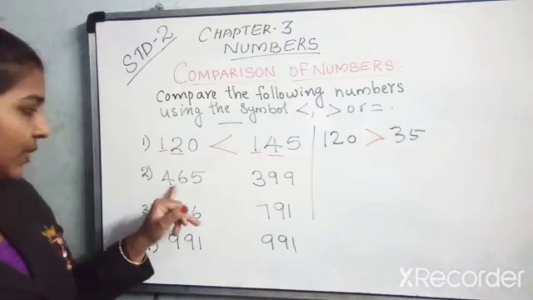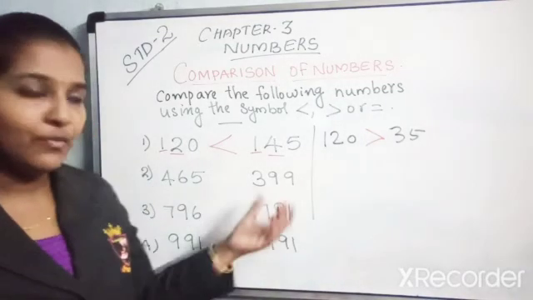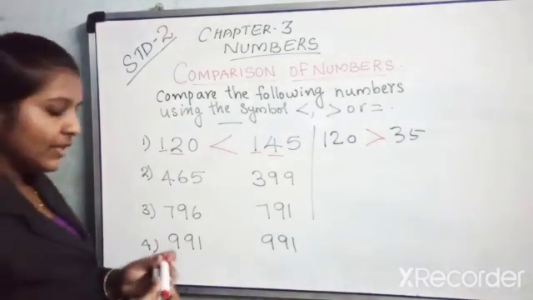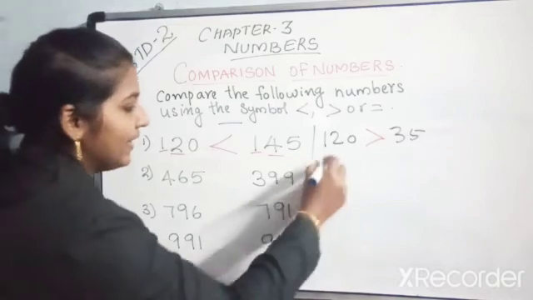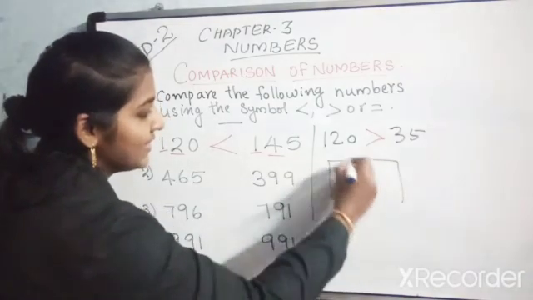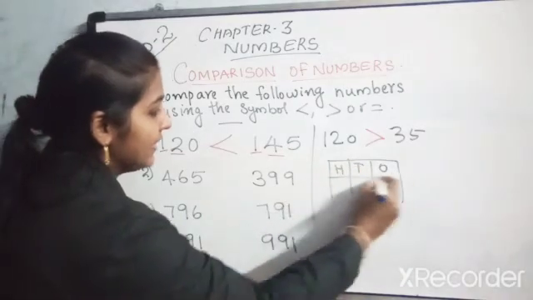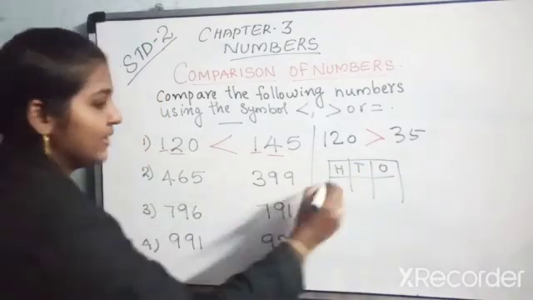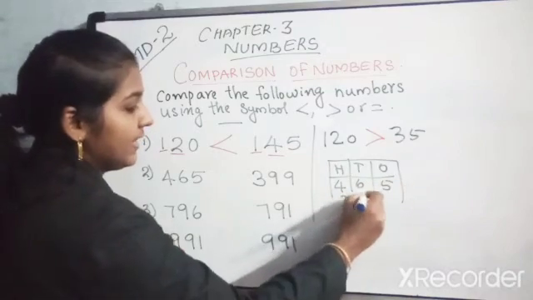Now come back to question number 2. Here it is 465 and 399. For answering it easily, you can draw a place value chart also. You can arrange these numbers on the place value chart. It is ones, tens and hundreds. Then the numbers 465 and 399.